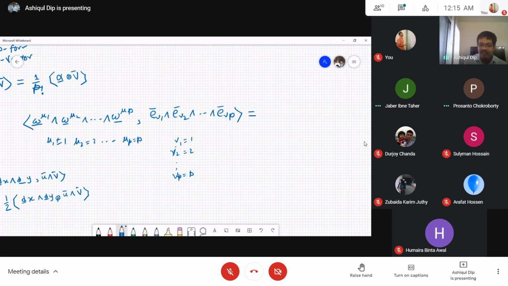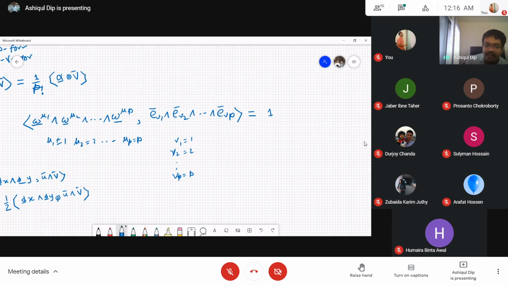When you have a unit volume element and a unit p vector, it's basically giving you the unit basis. So what do you expect? 1. Yes, we expect 1 in that particular case.